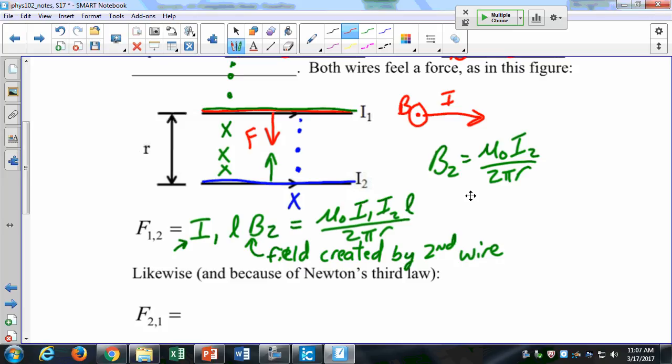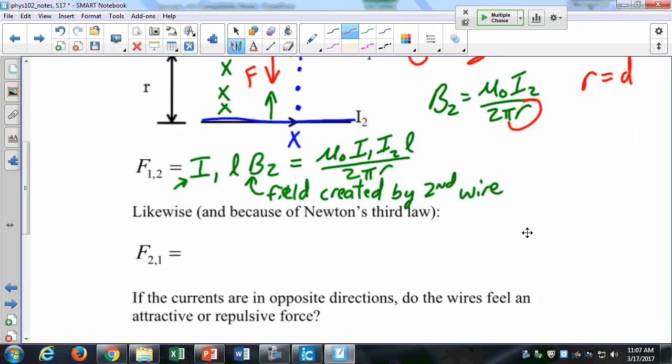I used R because we had used R up here. Just keep in your mind that R in this case is equivalent to D. It's the separation between the wires. Okay? And then as I said before, because of Newton's third law, F21 is equal just to the negative of F12.